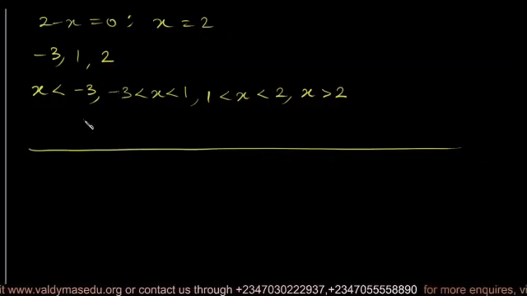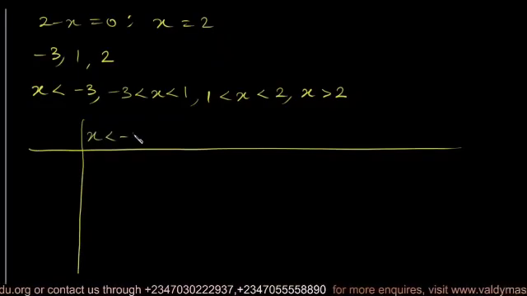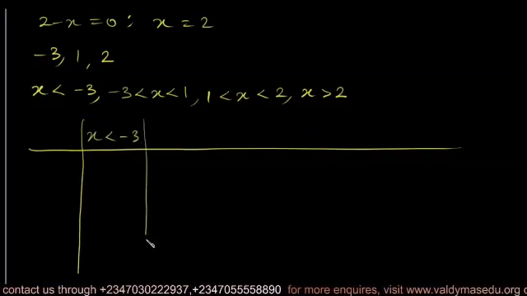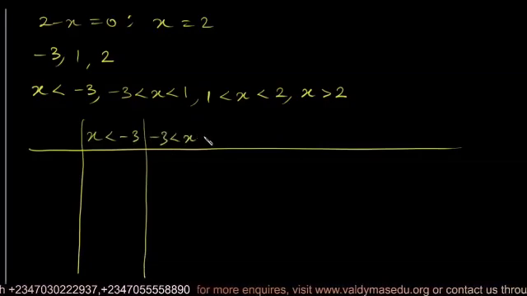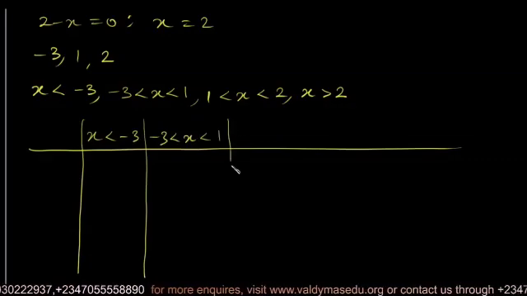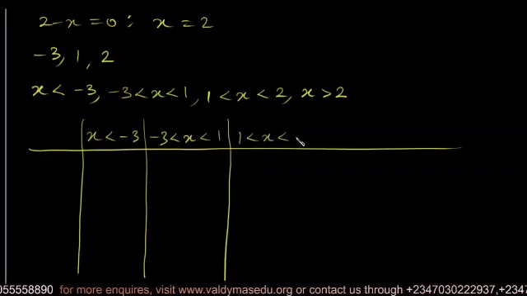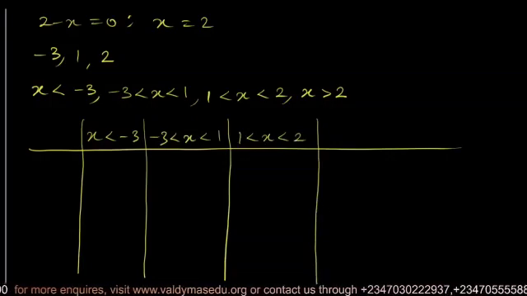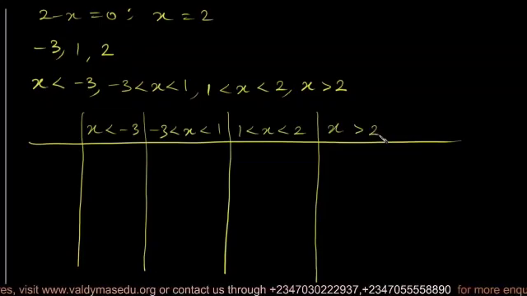We draw a table. Here we have x less than minus 3, then minus 3 less than x, less than 1, 1 less than x, less than 2, and x greater than 2.